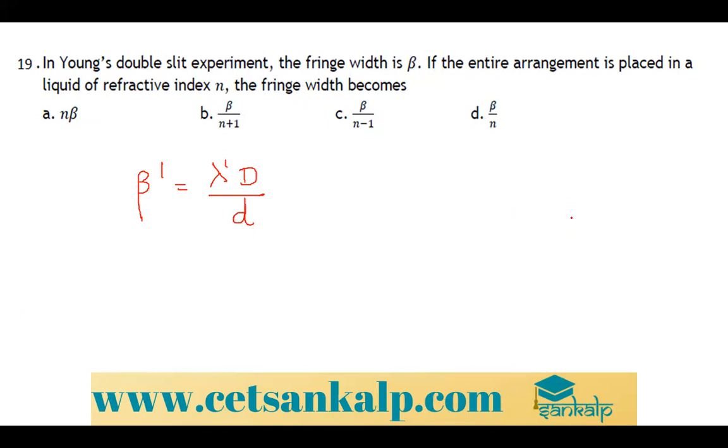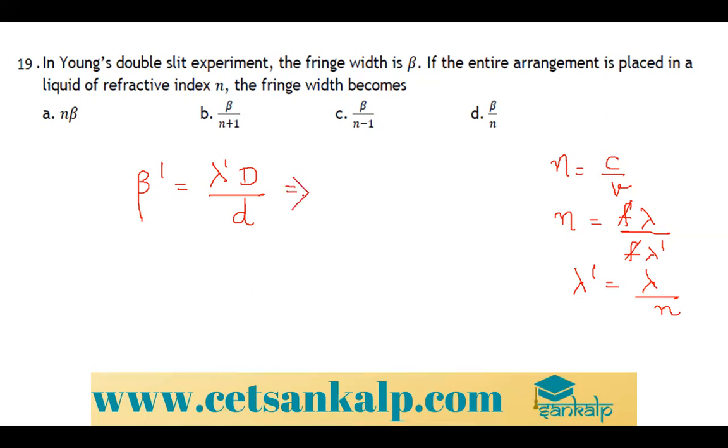But you know the formula n is equal to c by v. But n is equal to f lambda divided by f lambda dash, frequency is nothing but f. So f and f get cancelled. So I want lambda dash is equal to lambda by n.